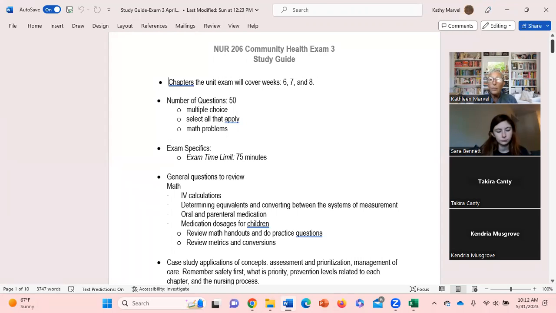So if you need a review, I would highly suggest you go back to the chapters and read those examples. Okay, I would also highly suggest that in the chapters you have a look at the Healthy People 2030 objectives and goals for each of these chapters. There's several questions about Healthy People. Okay, so please be aware of those.